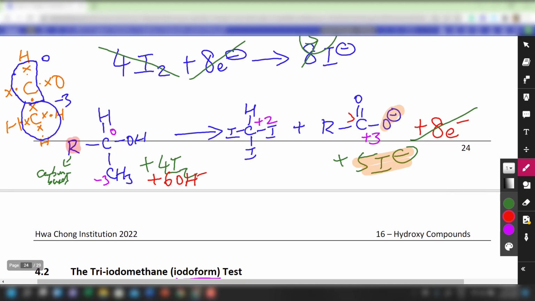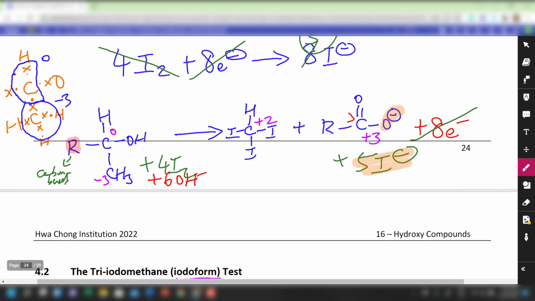After you add 6OH minus, the final thing you need to do is to balance the O and H using H2O. Some students found that relatively challenging, but it can actually be done quite fast by just doing a quick count.